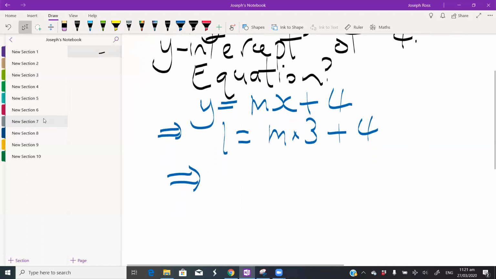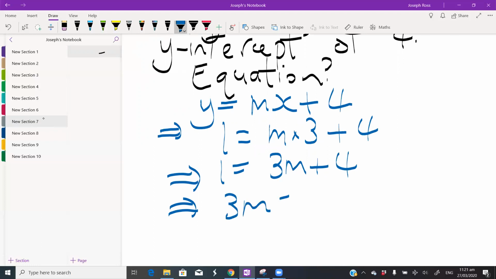So we've got 1 is equal to 3m plus 4, and if we move that 4 to the other side, we get 3m equals 1 minus 4, which is -3. If we divide both sides of that equation through by 3, we get m is -1.